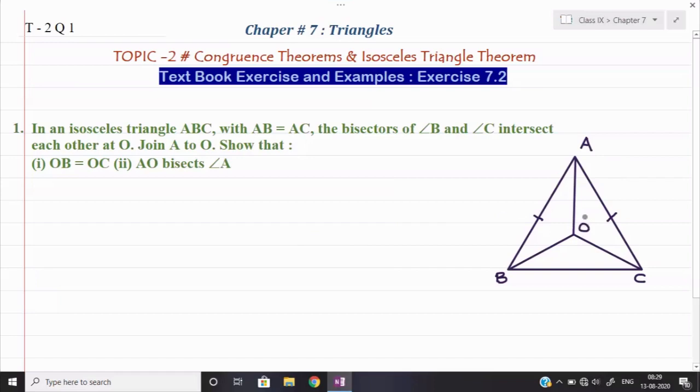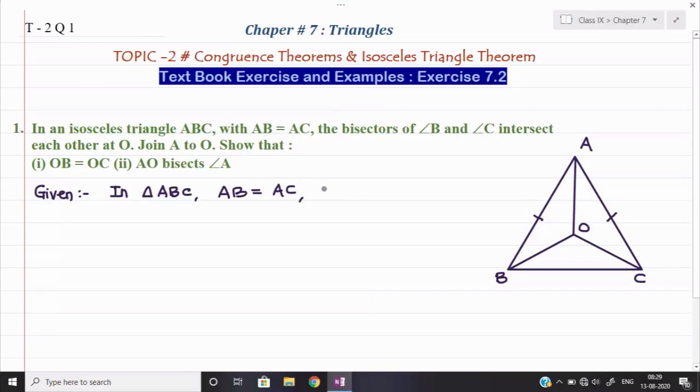Now see, these are the given things. First of all, we shall mention all this in our given. So here we shall write down the given things. In triangle ABC, we are given that AB is equal to AC. That is one thing.